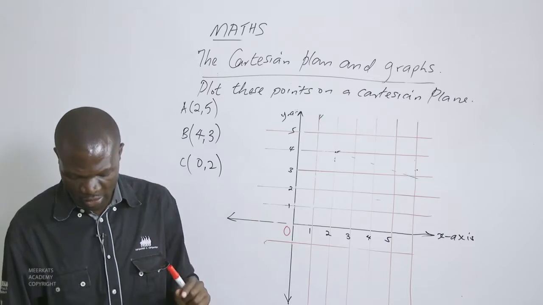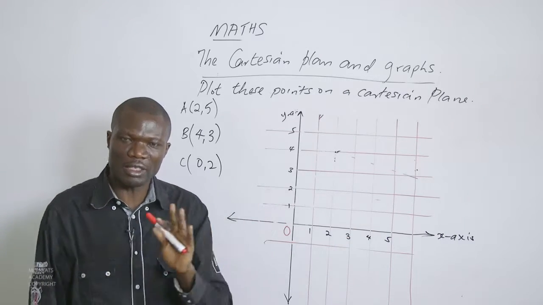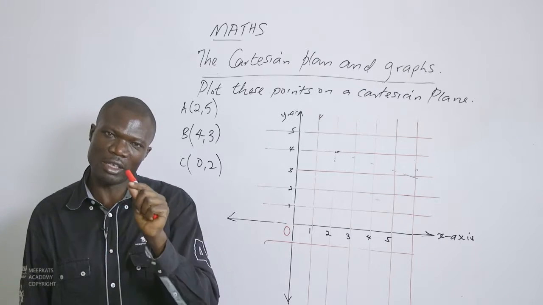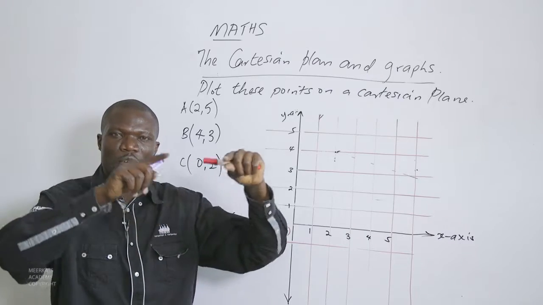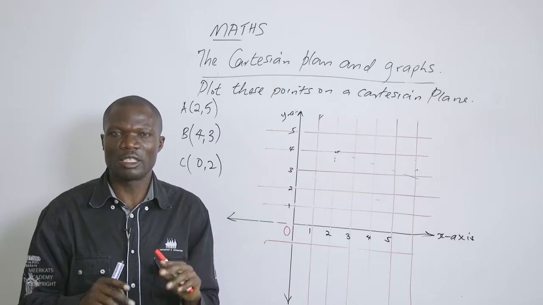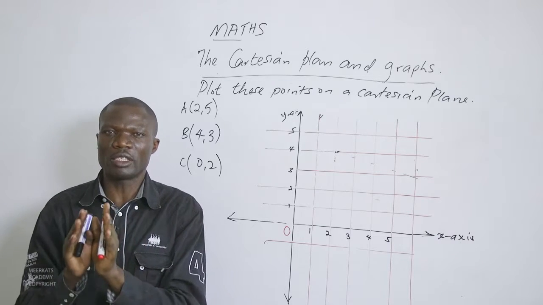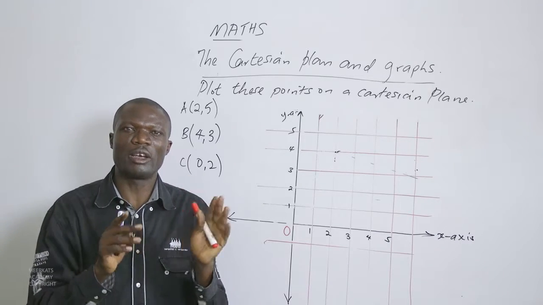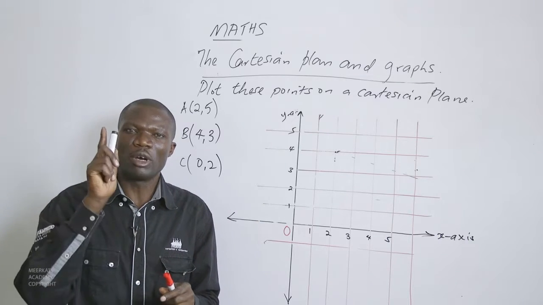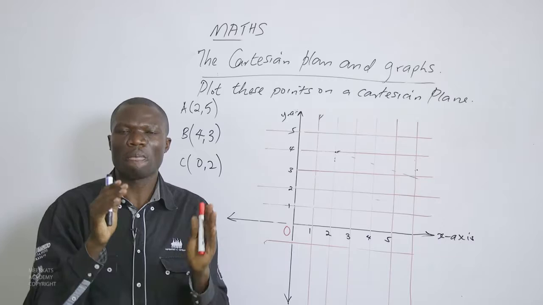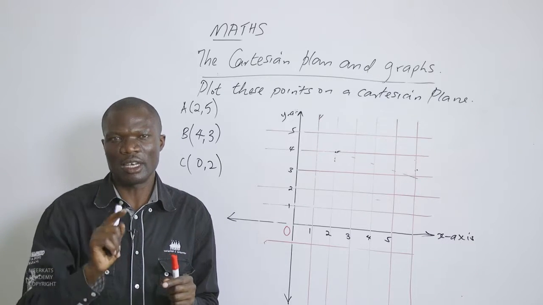Then, the first thing we need to do is to come up with the axes, the x-axis and the y-axis. Because if you look at that sheet, it is plain with only boxes. We don't know where the y-axis is. We do not know where the x-axis is. So the first step is to identify the position where we shall say this is the y-axis and this is the x-axis.